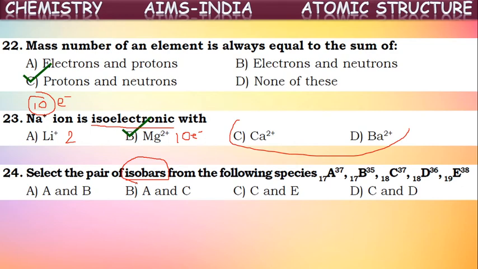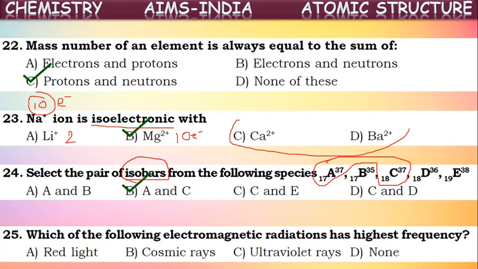Observe which two atoms have the same mass number here. See, A has mass number 37 and if you observe C also, it is 37. So the pair of these two, A and C, will come under isobars because both of them have the same mass number 37. So A and C.